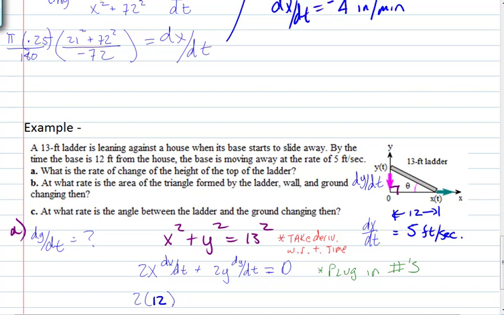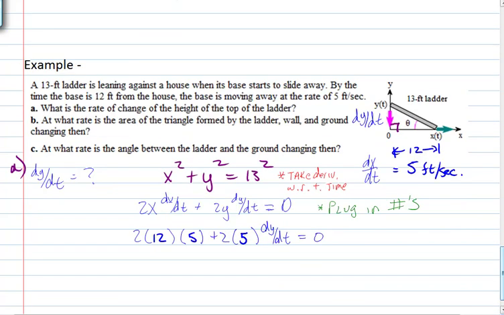So 2 times 12, what's dx dt? 5. 2 times 12 times 5 plus 2 times y, dy dt is what we're looking for, equals 0. Well, do I know a number for y? I can only have one unknown in the equation. Isn't this a right triangle? When x is equal to 12 and the hypotenuse is 13, don't we know what y is? It's 5, right? Using the Pythagorean Theorem.